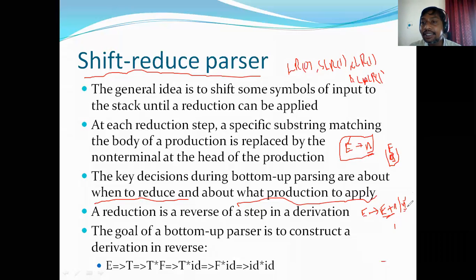In that case the parser is in a dilemma whether to apply the reduction step with the second rule or with the first rule. Here we need to apply the correct rule, the one which produces the next right sentential form that ultimately leads to the reduction to the starting symbol.